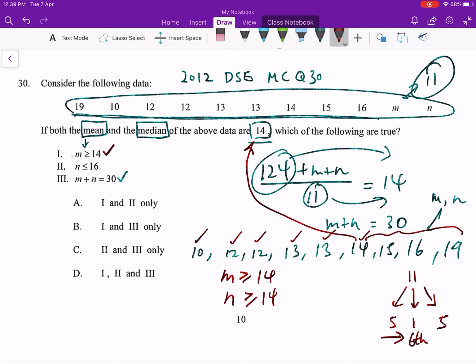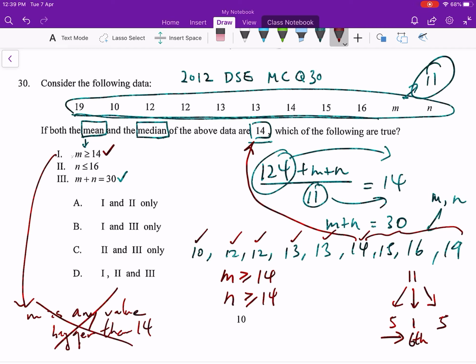I would like to talk about this: it does not mean that m is any value bigger than 14. This is wrong. This concept is totally wrong. The first answer actually means that m should be one of the numbers inside this range.